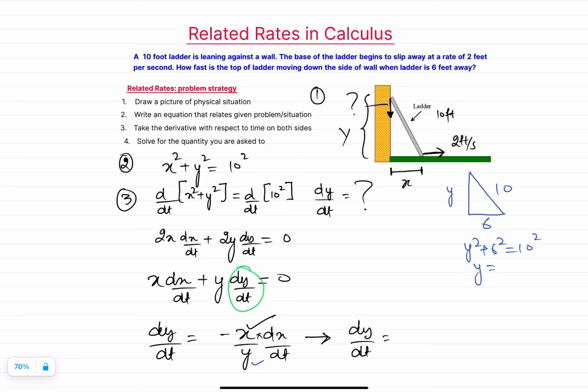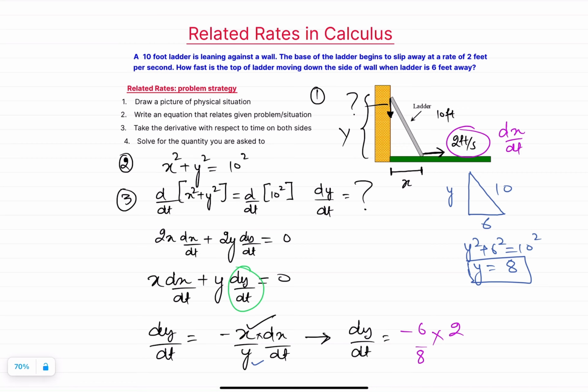If we simplify it, y will be equal to 8. And x is 6, y is 8, and dx by dt, that means this change, this is dx by dt, that is 2.